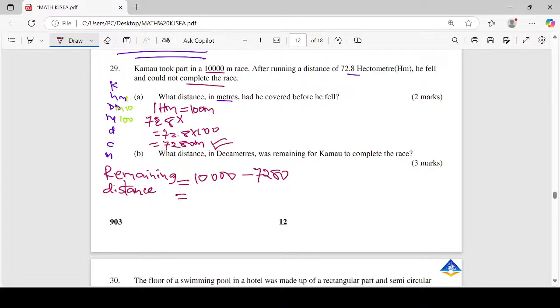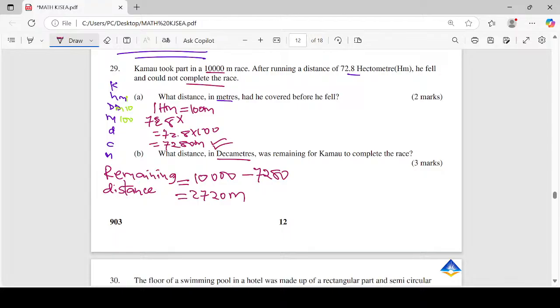So the remaining distance in terms of meters, I subtract 10,000 minus 7280. That is 2720 meters. But now they want that in decameters.